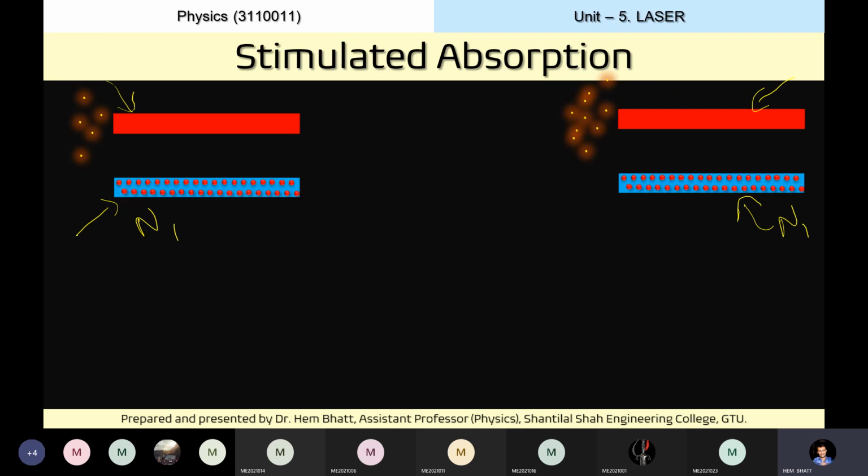Look at the situation. I am sending some photons here, and in the second figure I am sending more photons.